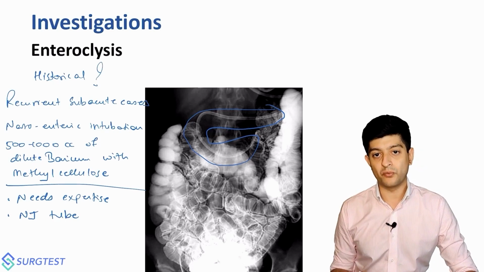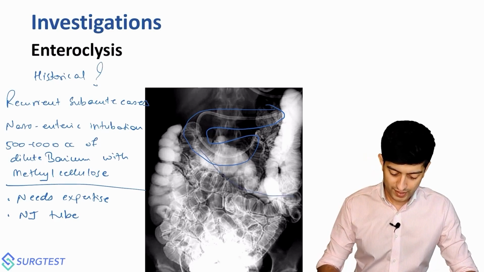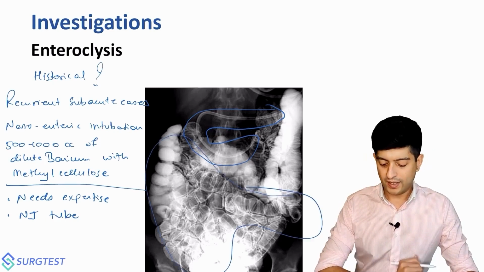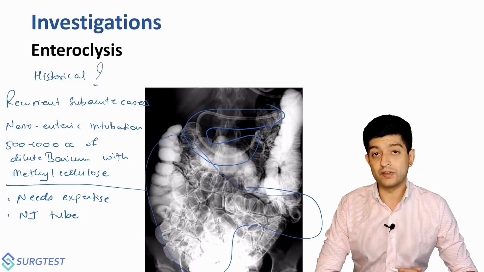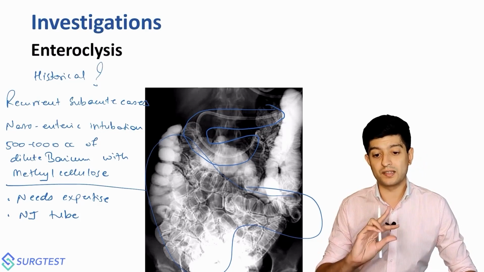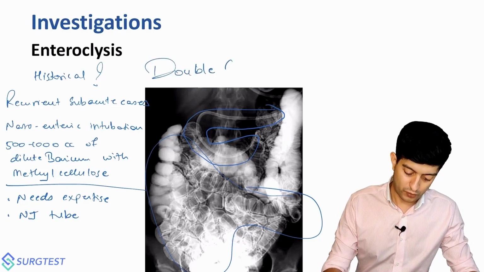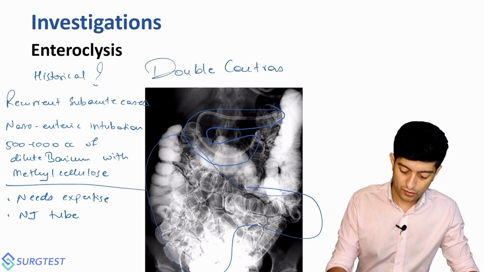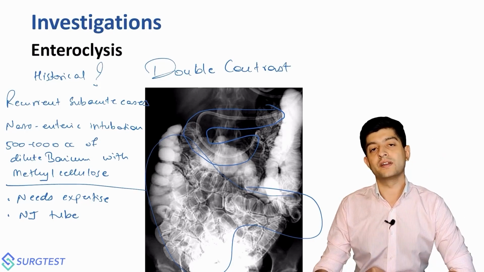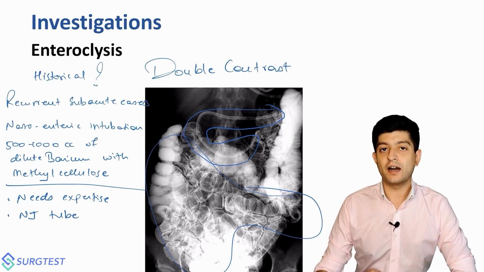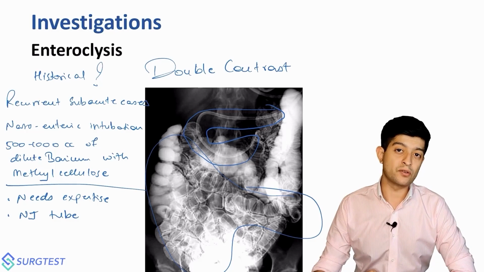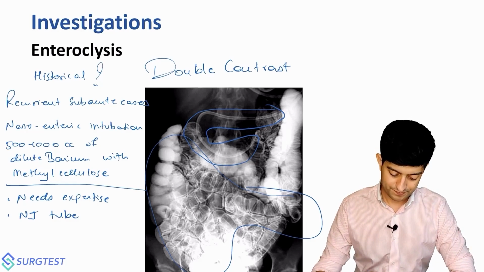Even then, when performed well, it gives you a great picture and helps you diagnose at what level the obstruction is. And because it's a double contrast study, which is another important point, you can also instill air within it. You'll get a higher resolution of the image and your diagnosis is aided by that.